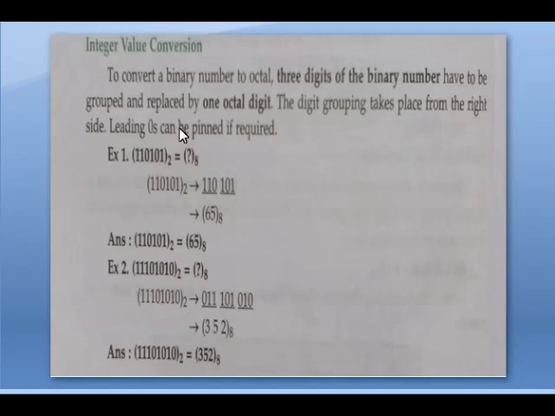See, this is the number. The binary number is 110101 to the base 2. If the number is base 2, this means this is a binary number, and we are going to convert this binary number to an octal number. So what we have to do is group the numbers in groups of 3 from right to left.